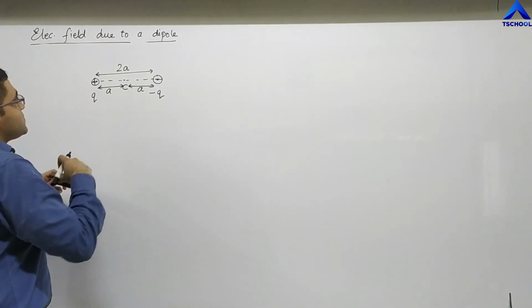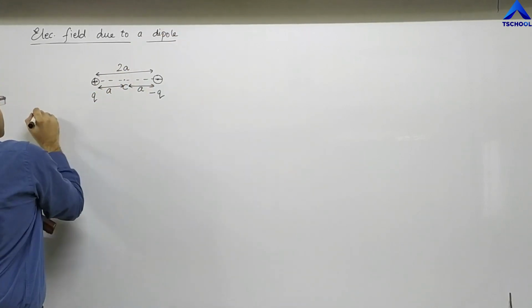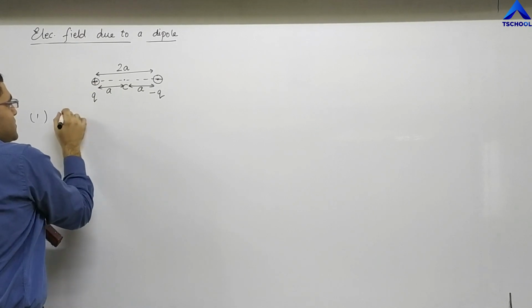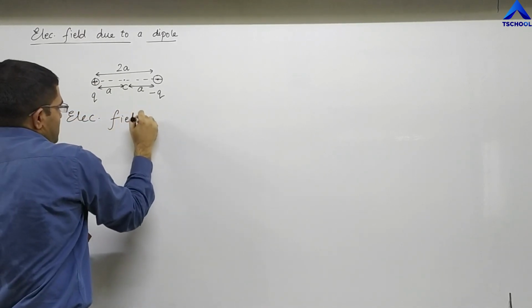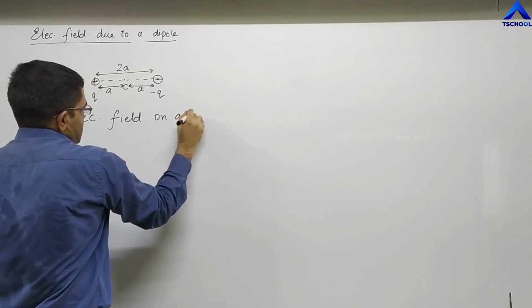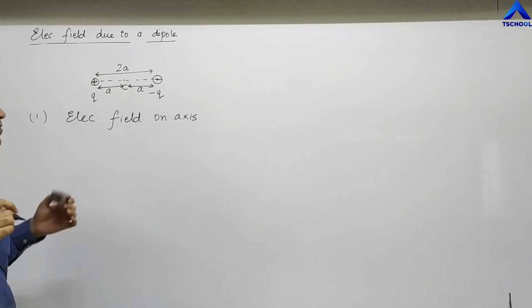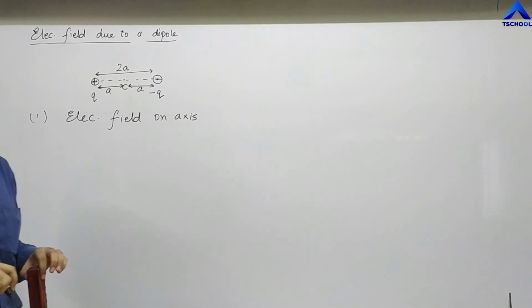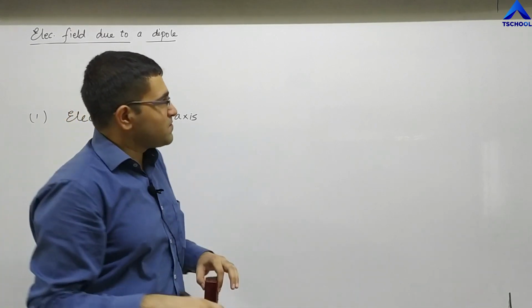Now, first of all, we are going to talk about the electric field on the axis of the dipole. Now, what is the axis of a dipole? It's very easy to remember without getting confused at all.